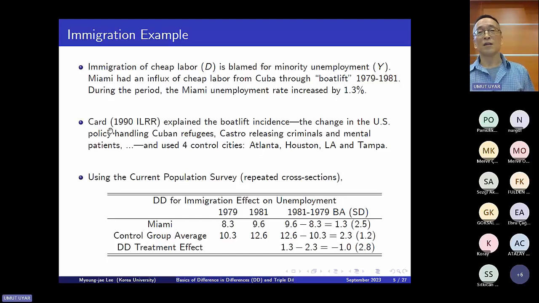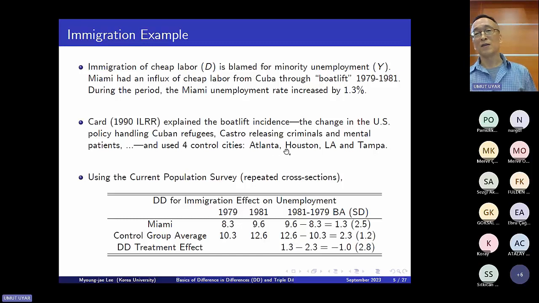So Card used this CPS data, which is repeated cross-sections, and he found 4 control cities: Atlanta, Houston, LA, and Tampa. They are selected because they are thought to be similar to Miami in terms of their economic situations.